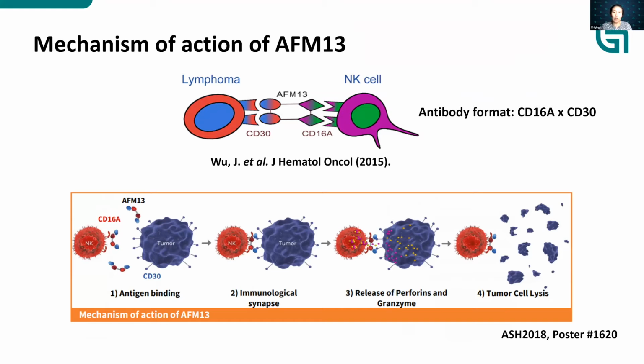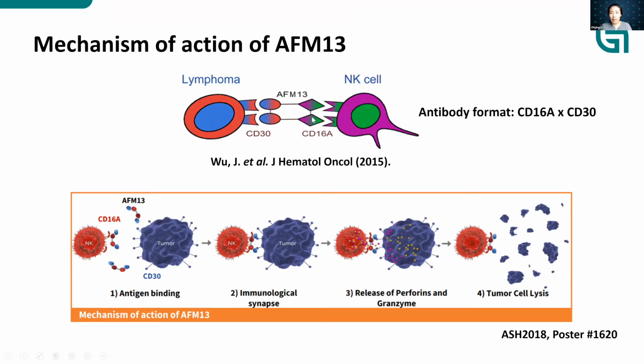If you can see my arrow, my mouse, this particular antibody is a four-headed or tetravalent antibody. It's actually a bispecific antibody by design. On one side, two heads are recognizing the CD30 antigen on the tumor cell.